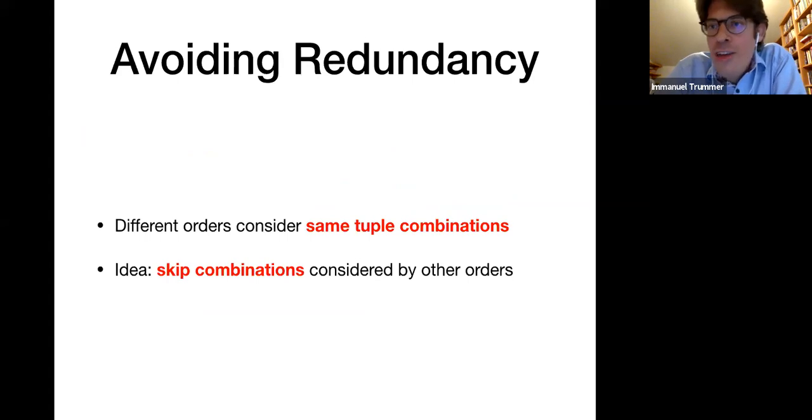And the main idea that we apply here is that we essentially fast forward the execution of a join order once we can guarantee that the result tuples it would generate have already been generated according to a different join order. So we skip combinations of tuples that have been considered before.